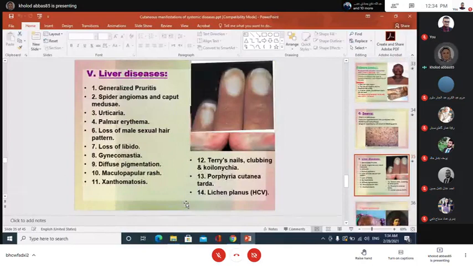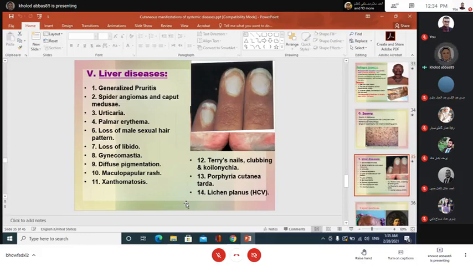Liver diseases. In general, we have generalized pruritus, which may be related to bilirubin, spider angiomas, caput medusae, urticaria, palmar erythema, loss of male sexual hair pattern, normal distribution, gynecomastia, diffuse pigmentation, maculopapular rash, xanthomatosis.